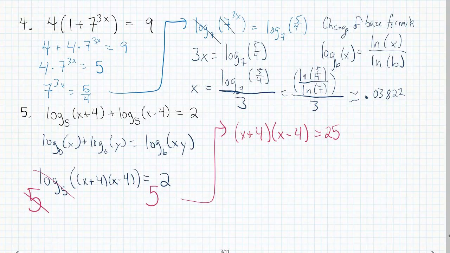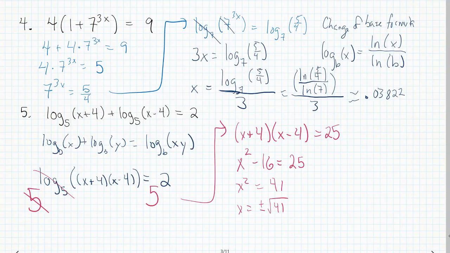Looking at this now, this is a difference of squares, so that's going to be x squared minus 16 equals 25. And so x squared equals 25 plus 16, which is 41. Then x equals plus or minus the square root of 41.